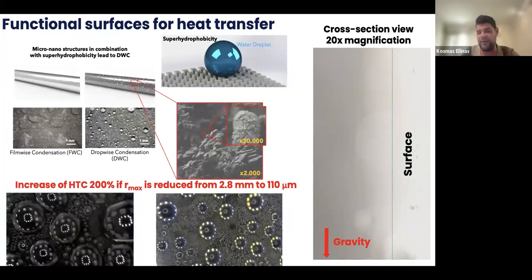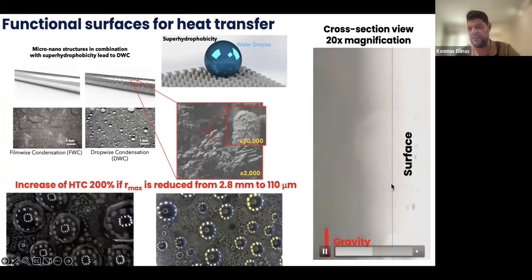So in this way, you have an accelerated effect of the heat transfer. And if we see a cross-section, we can also see here's a surface, and we will see that when humidity comes in contact with the surface, it creates highly mobile drops that can also jump. Gravity is this direction, so we can see some drops coming and jumping off the surface vertically.